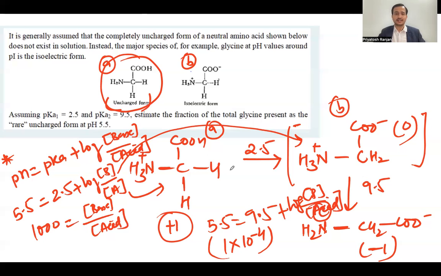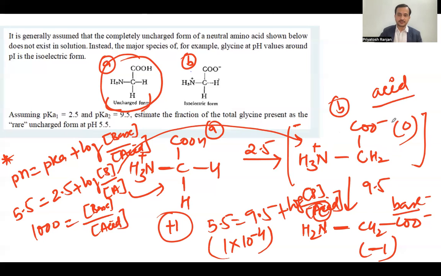Now remember, in the second case where we have taken 9.5 as a pKa, you just need to use your concept that when I'm at pK value 9.5, this is going to work as an acid, and this is going to work as a base. Why so? Because remember, the H2N group is protonated here, and this one is deprotonated.